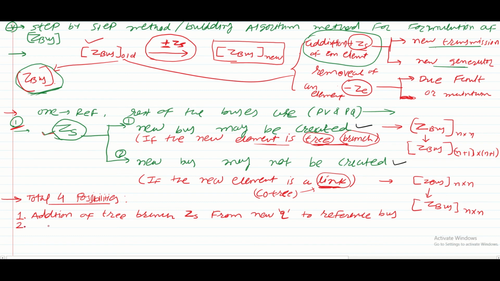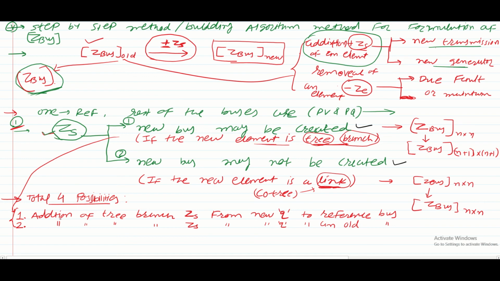The second possibility is addition of tree branch ZS from new bus Q to an old bus. So these first two possibilities are derived from the first possibility, that is, addition of a tree branch into the existing network.